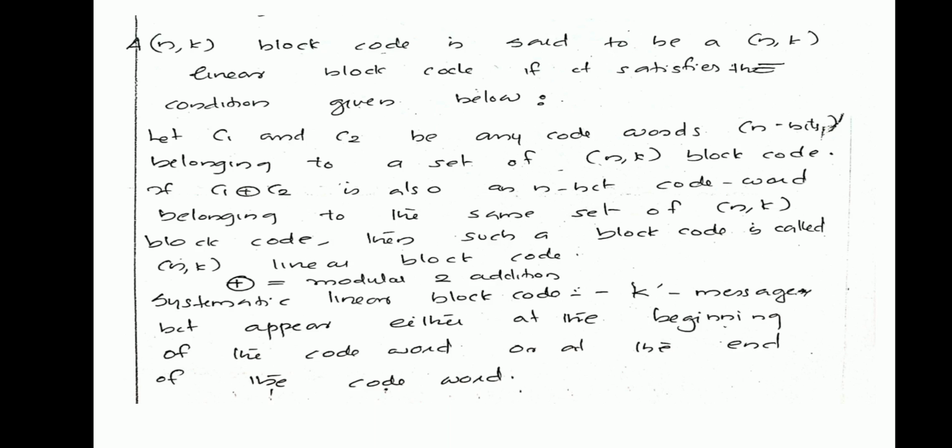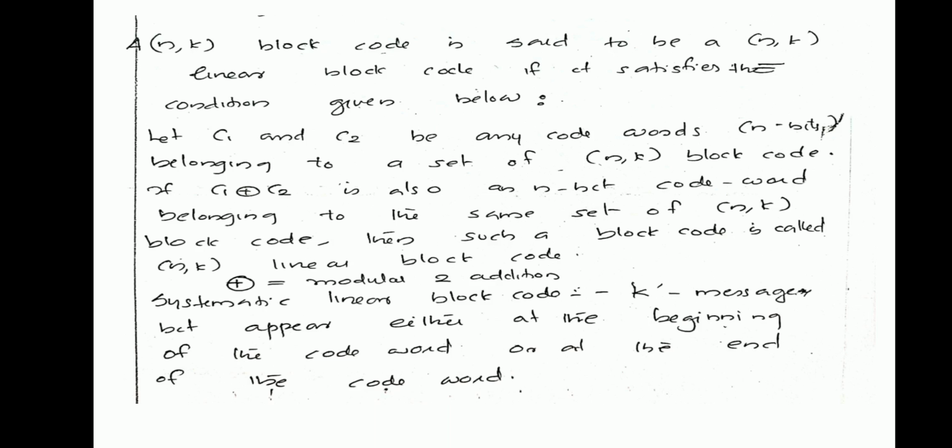A block code consists of many code words, and we take two of them, C1 and C2. If adding C1 and C2 gives an n-bit code word that also belongs to the same set, then such a block code is called an (n,k) linear block code.